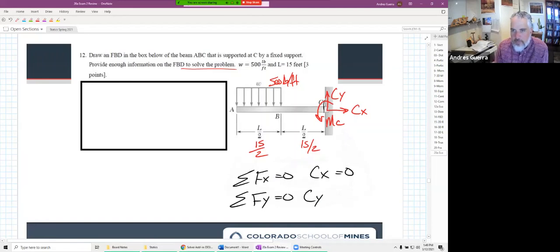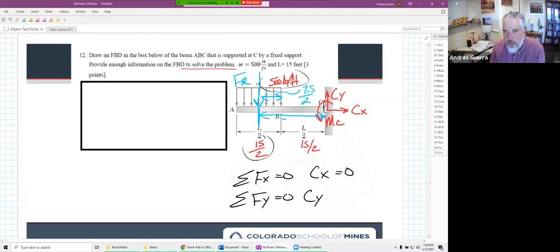We also have our 500 pounds per foot that's acting over 7.5 feet. And so we will need to figure out our resultant of that distributed load and also know where that acts. Well, that's going to be at a distance of 7.5 over 2 from there to there, but then we're also going to need the whole distance all the way from that FR back to this wall right there.